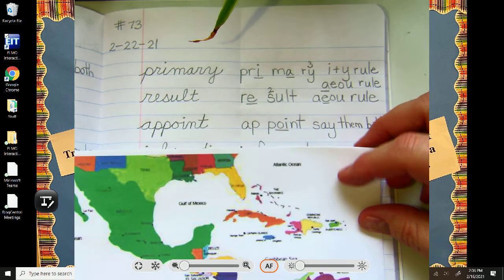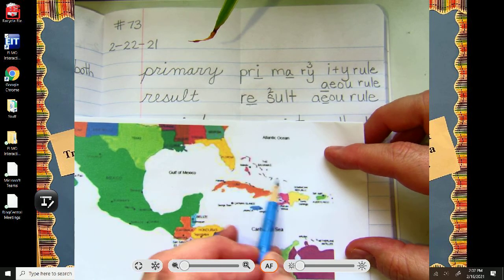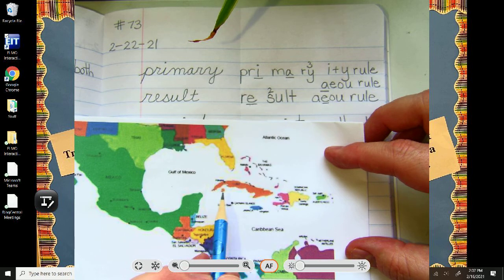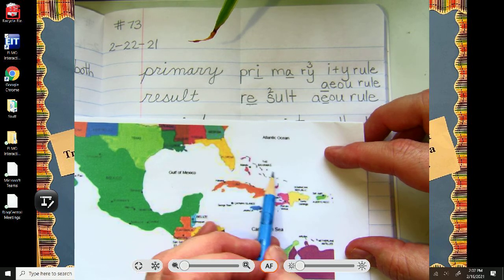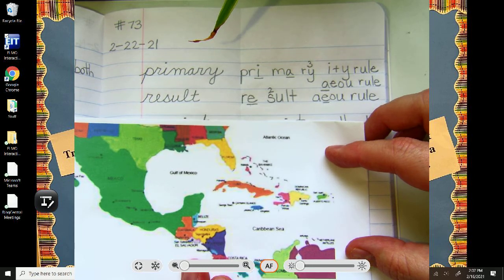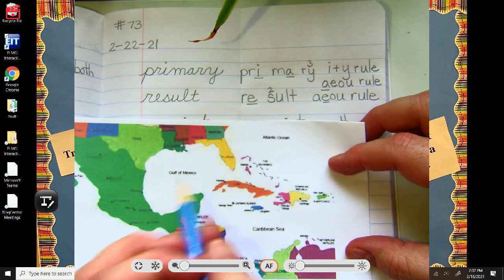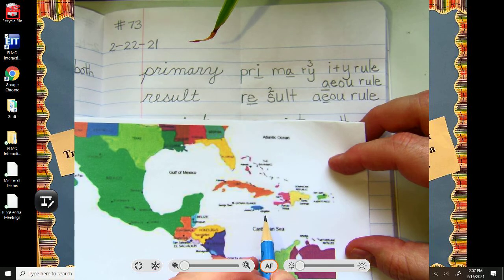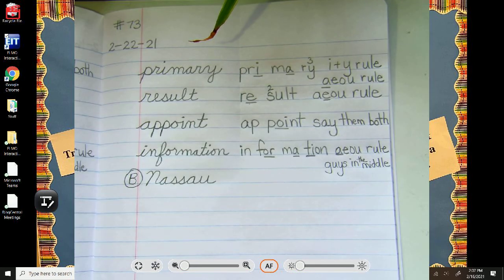So here are the Bahamas with the capital city of Nassau. And so all these little islands right here are the Bahamas. Nassau is the capital city. Nassau. All right.